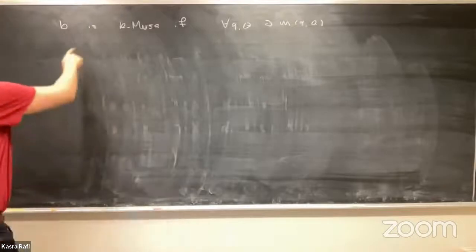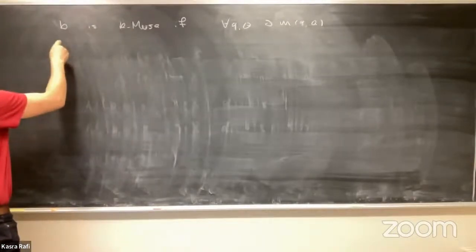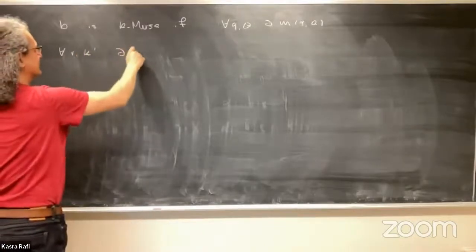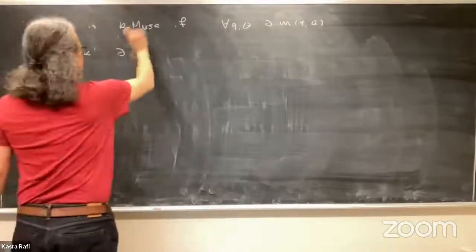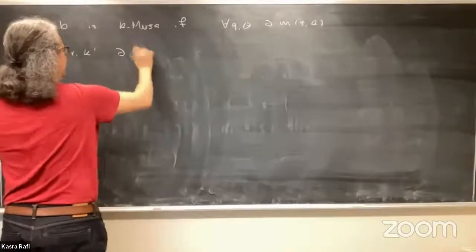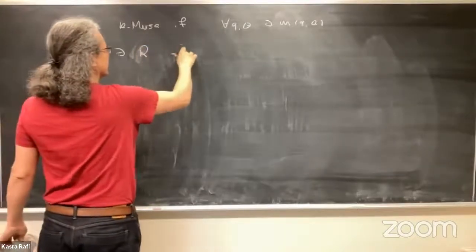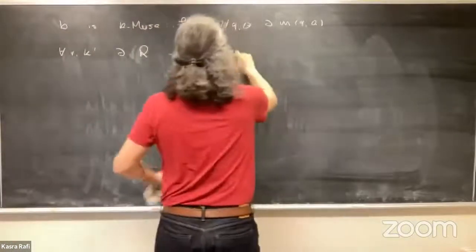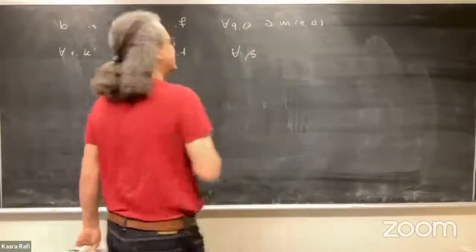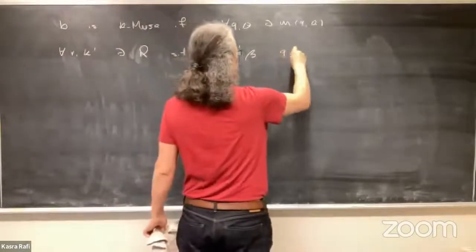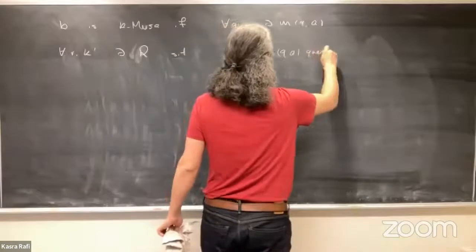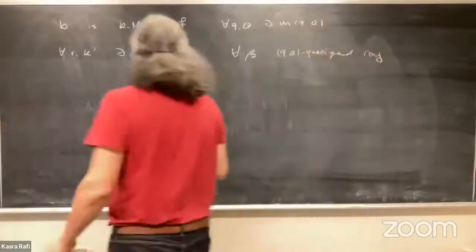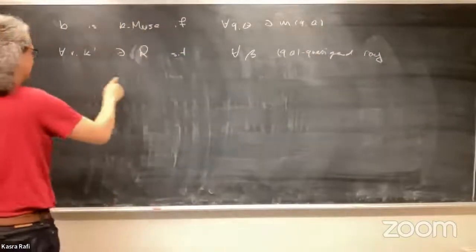Okay, so you're saying kappa Morse if for every r and kappa prime there exists, sorry, there's an R prime, actually it's called capital R, such that for every beta, a quasi-geodesic ray, now after all this notation, we can write what we want.